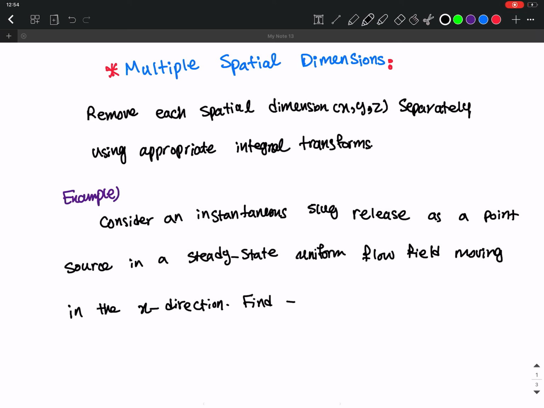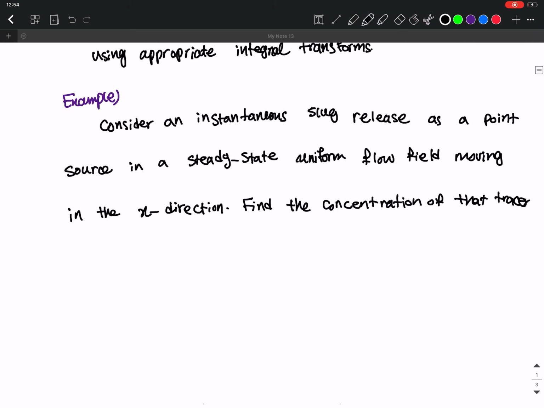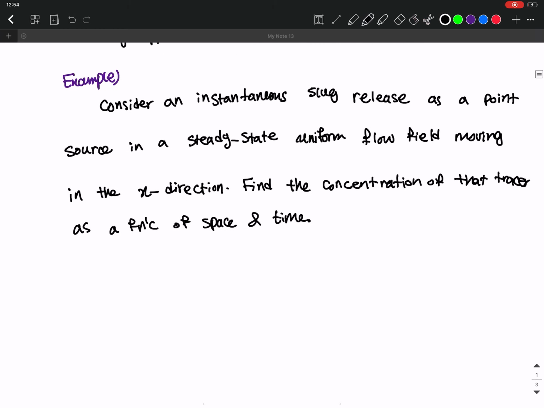Find the concentration of that tracer as a function of space and time. Okay, so this is the question. We release the slug in a steady state uniform flow field that moves in the x direction, and we want to find the concentration of that tracer as a function of space and time.